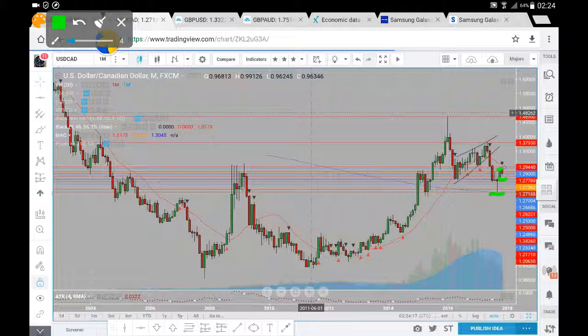So we're still operating in the shadow of this bullish candle. So even though we're retracing at the moment, we are still in somewhat bullish territory.